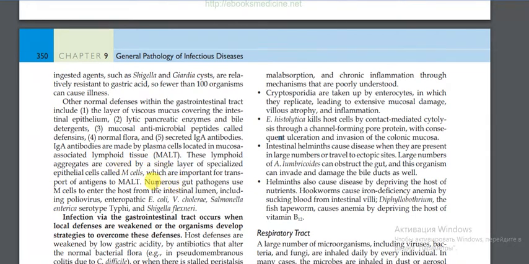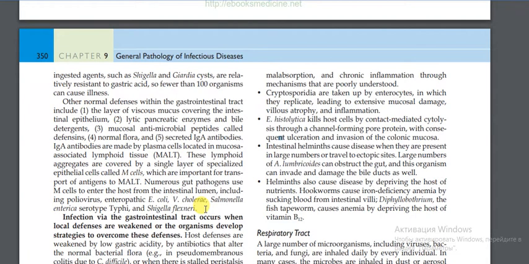Numerous gut pathogens use M cells to enter the host from the intestinal lumen, including poliovirus, enteropathogenic Escherichia coli, Vibrio cholerae, Salmonella enterica serotype Typhi, and Shigella flexneri. So that's how we know that we have some vaccination against these bacteria.